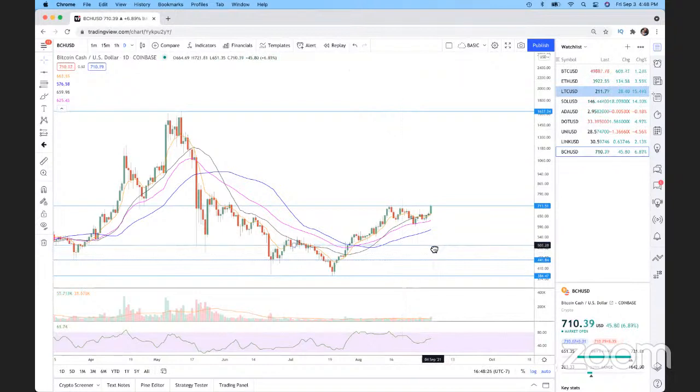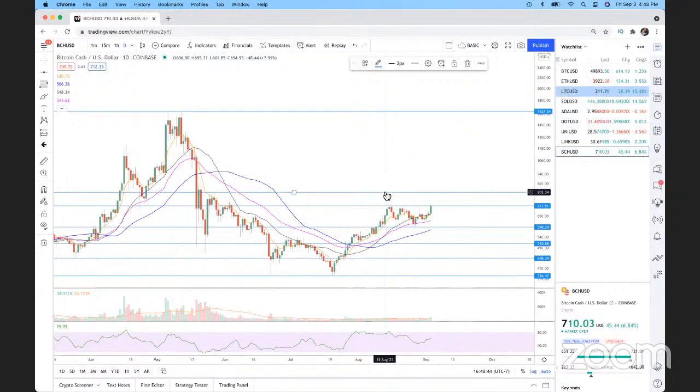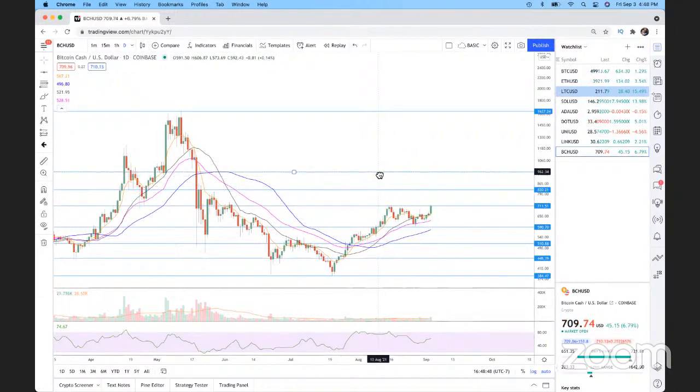Now this one is an expensive one, $850 and $800 and $700. It's a little too much for me right now as a trader, also because I'm not familiar with this coin. So another idea, if you're not familiar with something, read about it, learn about it, and paper trade it, see how it trades.